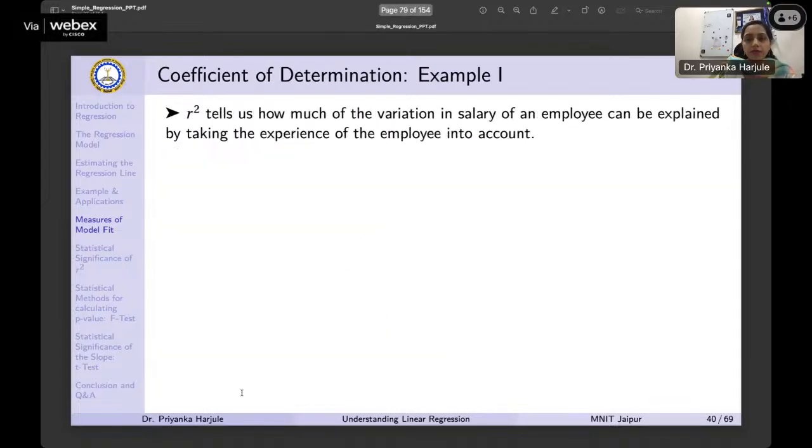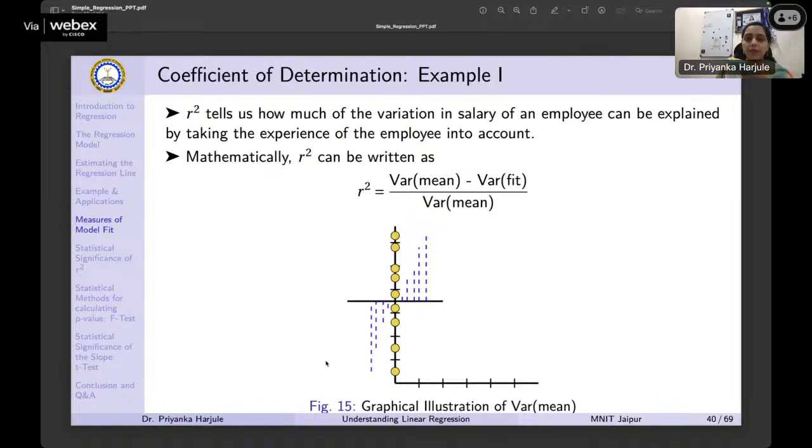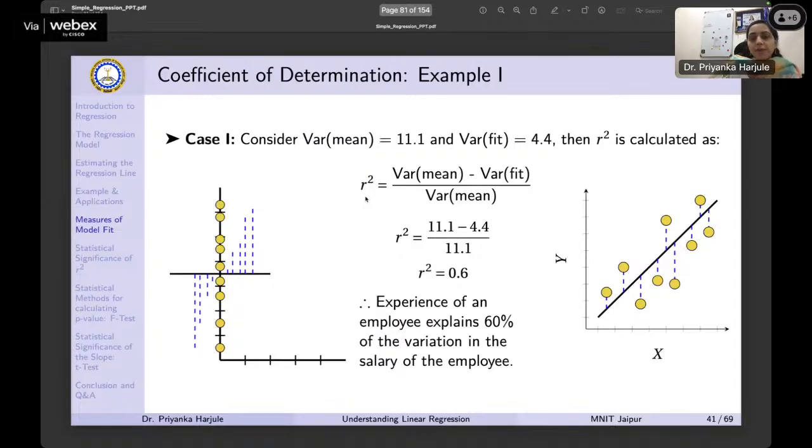Okay, so the little bit of math you can do, which is very basic, and you will get these. So what we do is we first try to see the variation of mean, give different values to variation of fit, and then see what r square is telling us. So for example, if your variation of mean is 11.1 and variation of fit is 4.4, then what is our r square?